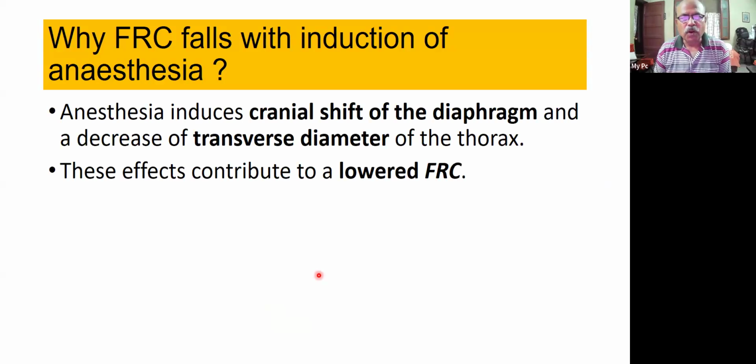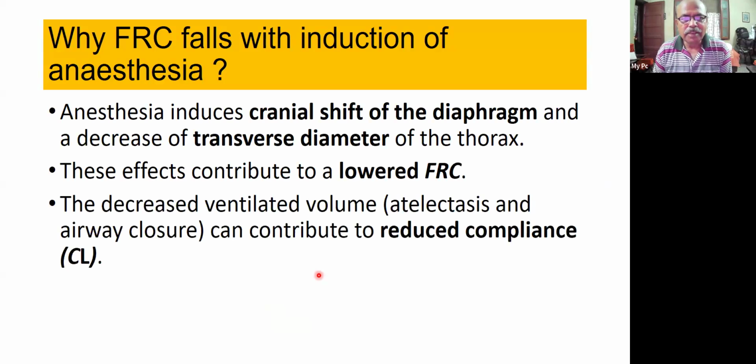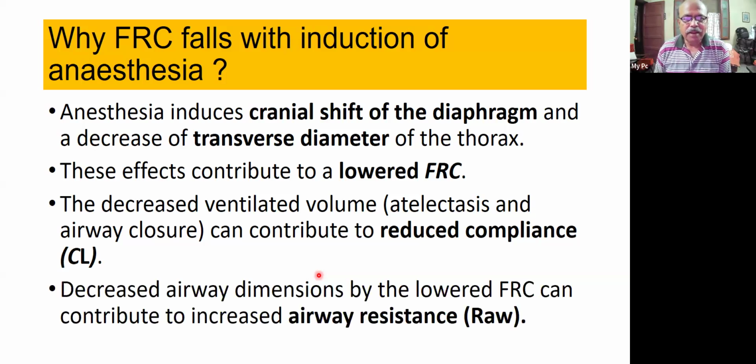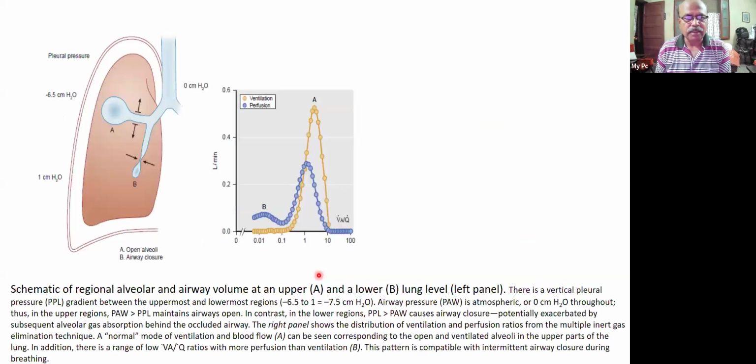These effects contribute to a lowered FRC. The decreased ventilated volume due to atelectasis and airway closure contributes to a reduced compliance, and decreased airway dimensions from the lowered FRC can contribute to the increased airway resistance. So these are the reasons why ultimately the FRC falls due to induction of anesthesia.